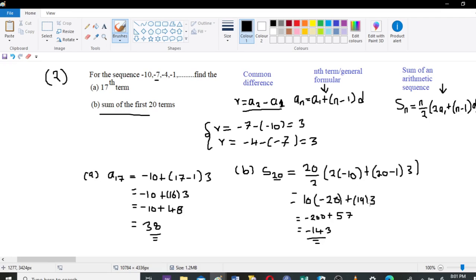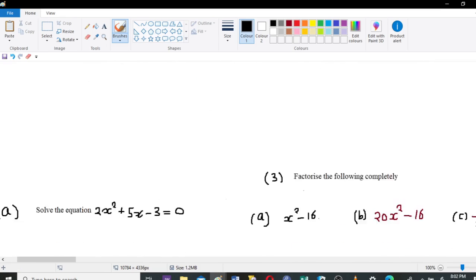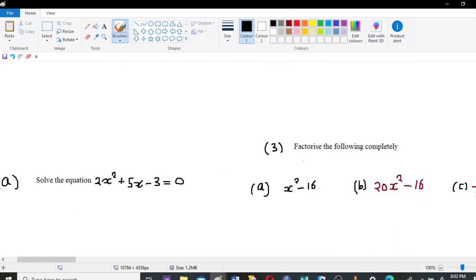Now 19 times 3, that was 57, and then 10 multiplied by negative 20 gave us negative 200. Now negative 200 plus 57 gave us negative 143 as the sum for the first 20 terms, right? So we proceed, we look at these questions here.